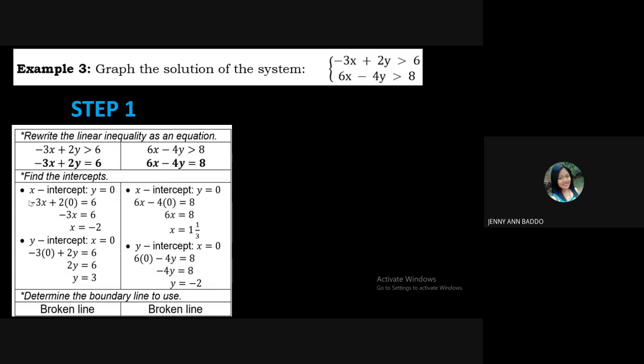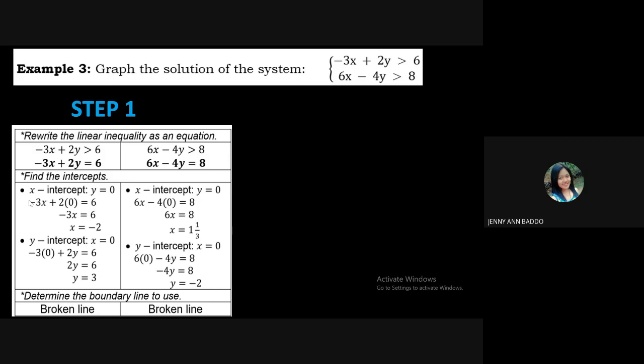Next, since we already have two equations, we are now ready to find their intercepts. So by substitution, for the x-intercept, we have to let y equals 0. That is negative 3x plus 2 times 0 equals 6.